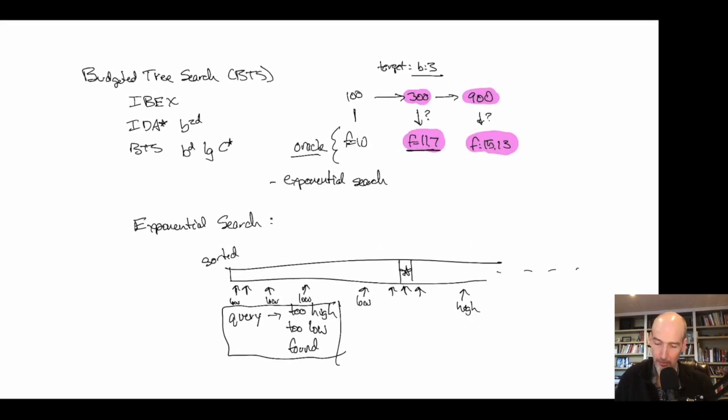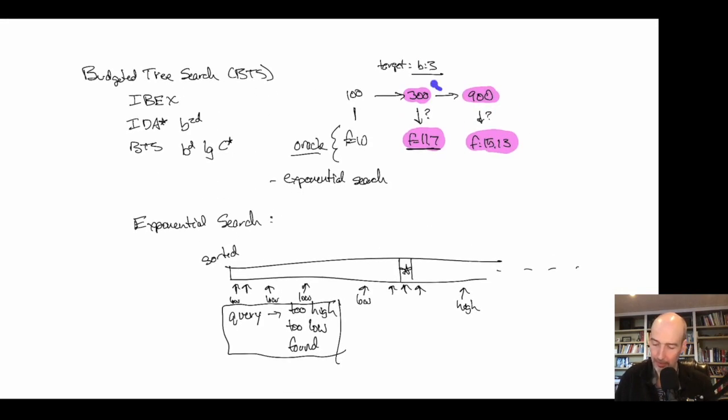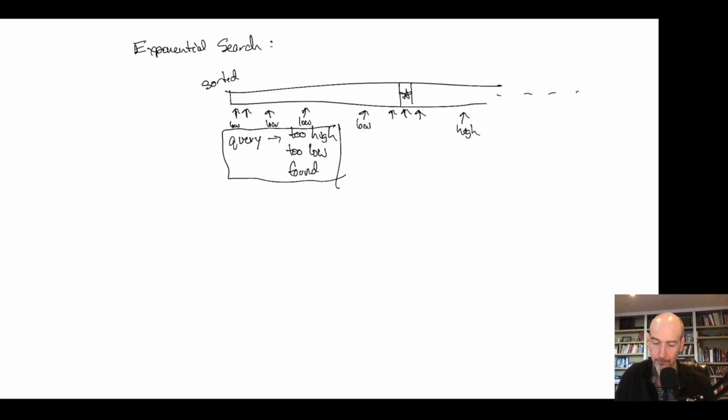Going back up here, what we're going to be looking at is building this sort of equivalency right here between the number of node expansions and the F cost. So this is going to be budgeted tree search, where I'm going to have a range of values. On the top, we're going to have F costs, and on the bottom, we're going to have nodes.